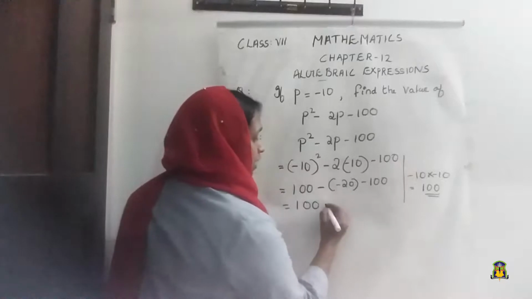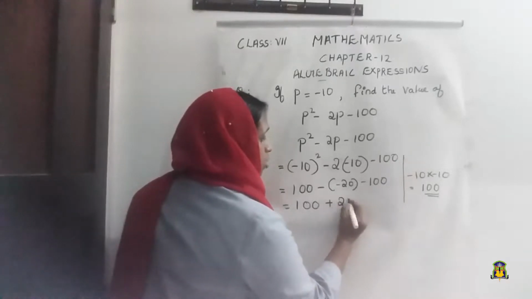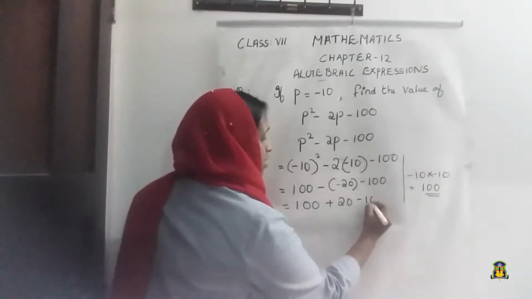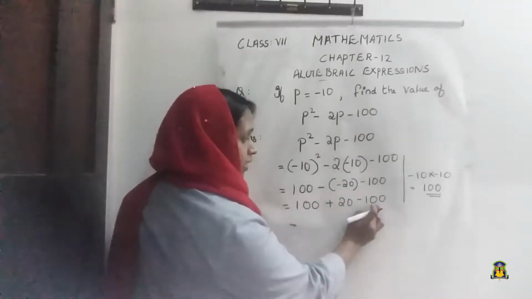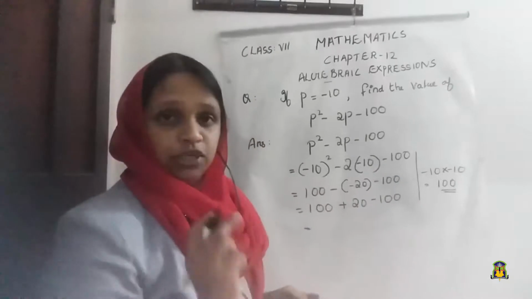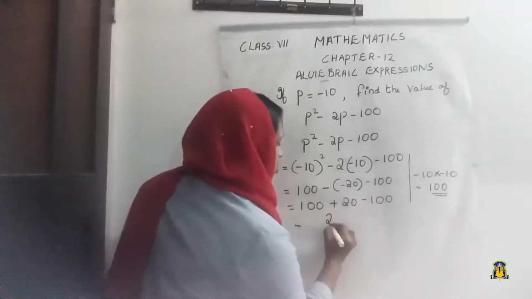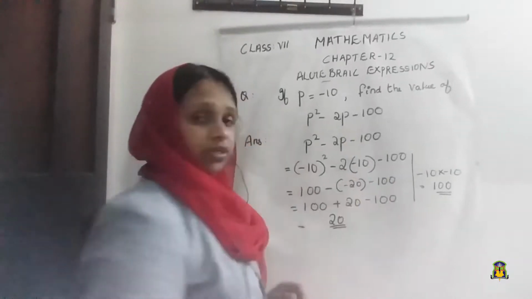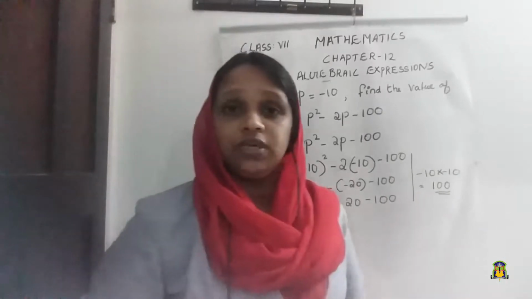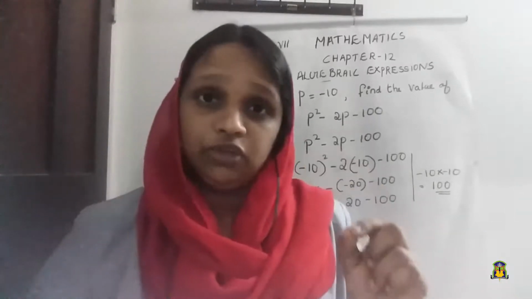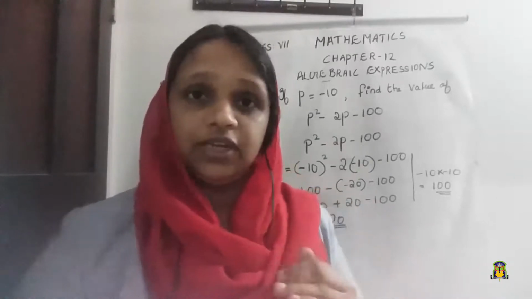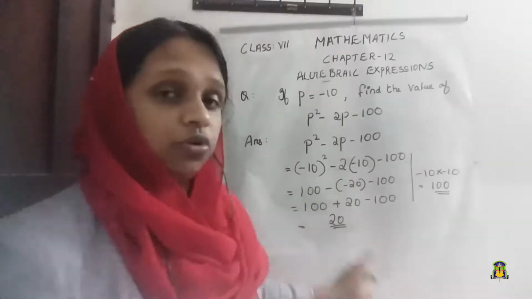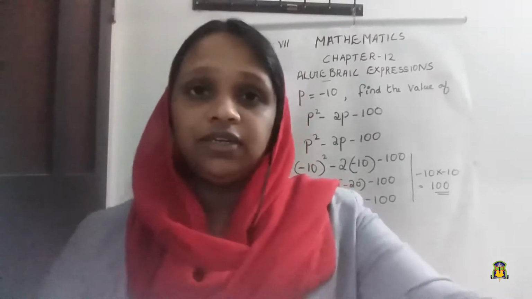Negative into negative we can write it as plus 20 minus 100. Now see this 100 minus 100 it is 0. So our answer is what? 20. Got it? So here the variable is p is equal to negative 10, and substituting p equal to negative 10, finally we got the answer as 20. Got it?